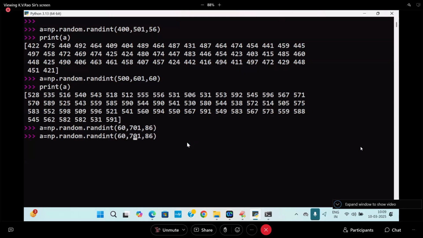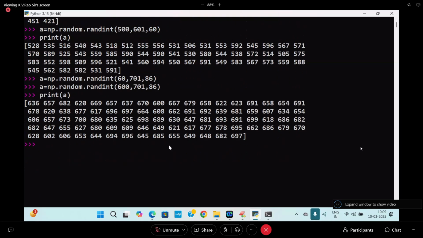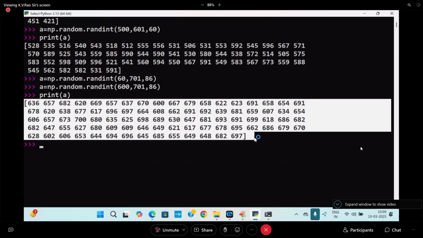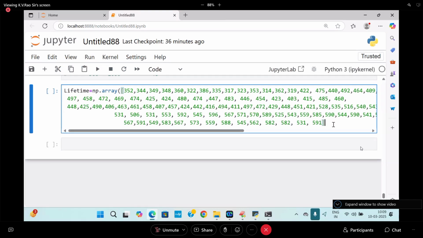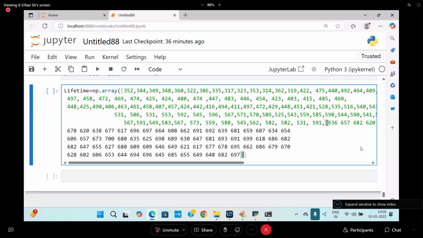600. Okay. We can go to it. Print this A, you get all the values. Maybe something is there, but we need not worry about that. Place this entire thing separated by commas.